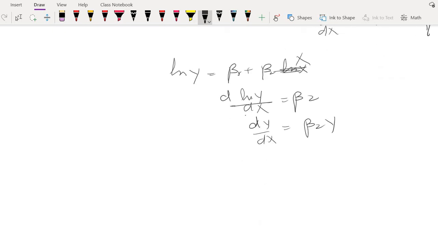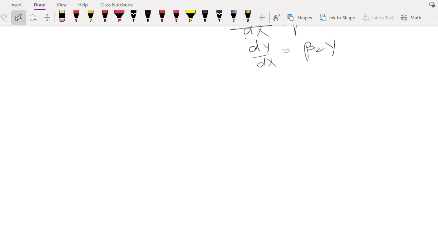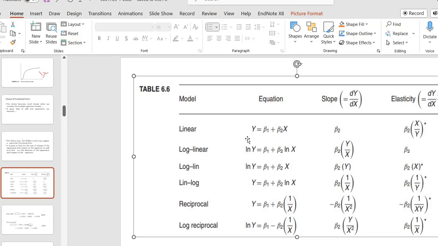So we have discussed the three possibilities of the model, and let's have a look at the model again. Look at this linear model, you are already done with this. The log-linear model, you have already done with this, the slope and the elasticity. Look at the log-linear, which is this one, and we have already done this model: the slope is beta 2 into y and the elasticity is beta 2 into x.